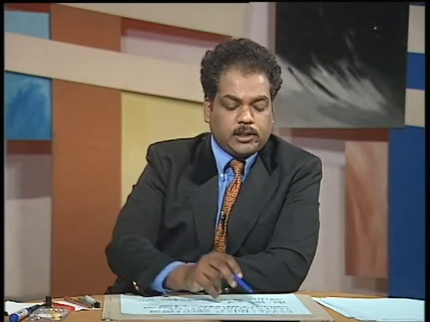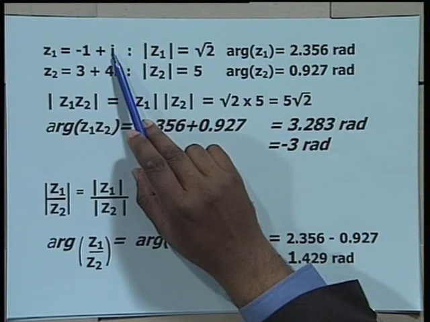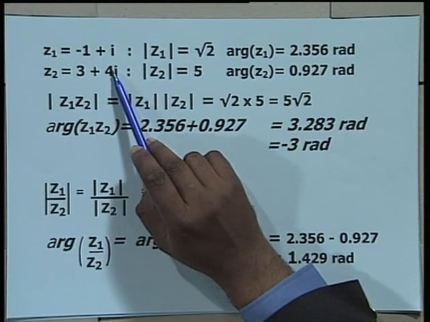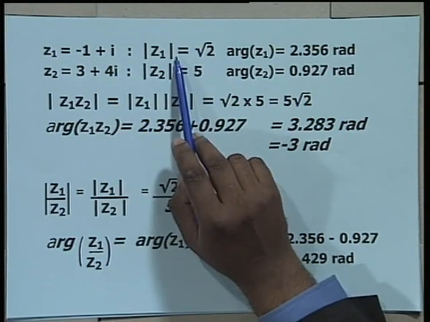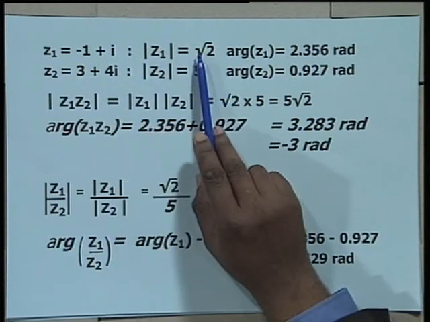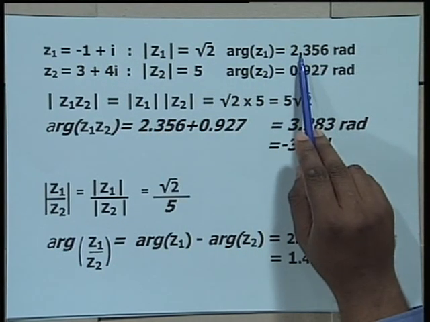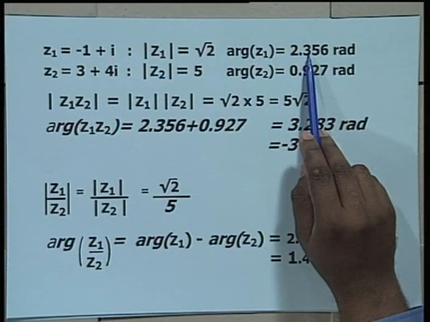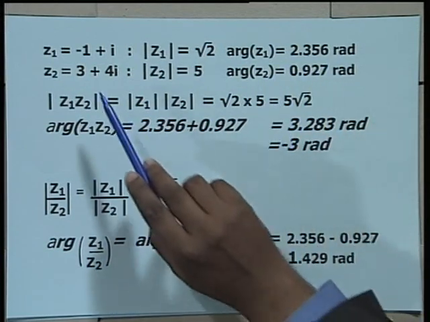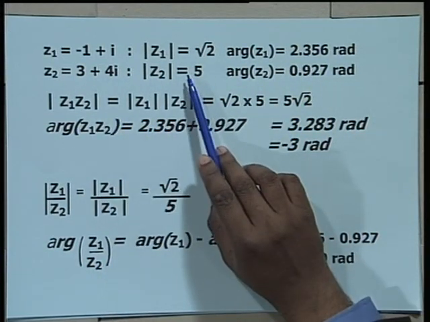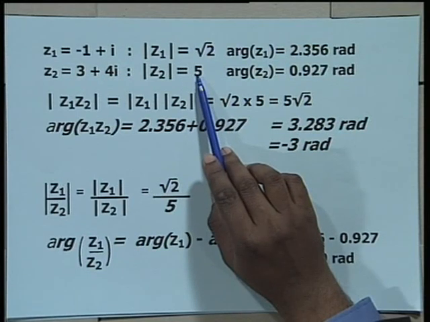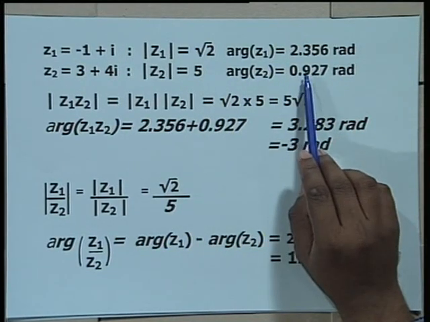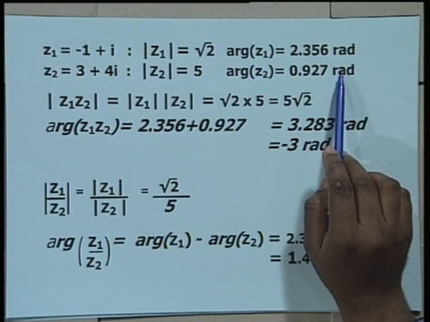If we take the two complex numbers z1 and z2 as minus 1 plus i and 3 plus 4i, the first one has modulus root 2 and argument 2.356 radian. The second complex number has modulus 5 and argument 0.927 radian.